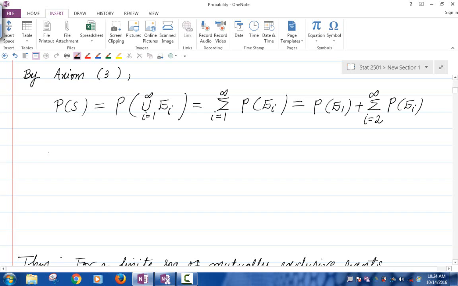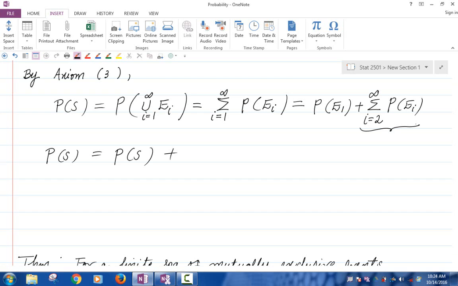So what I did is I am writing the first term of the series separately. So far what I have is the probability of S. What is the probability of E1? Remember, E1 is exactly S. So the probability of E1 is the probability of S plus this summation that I have here, right? Notice that every single Ei there is the empty event, right?